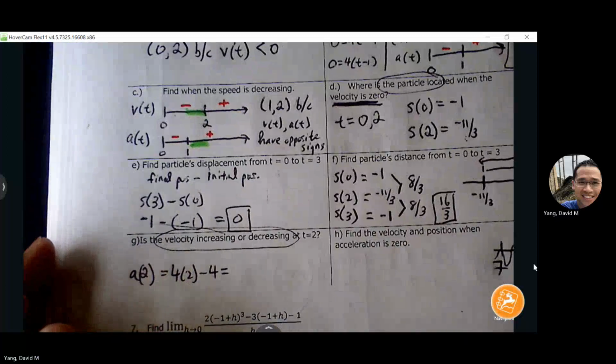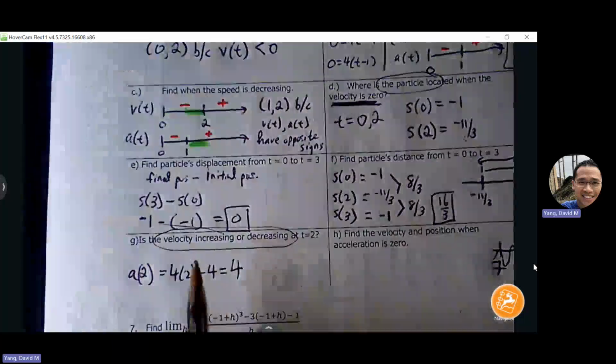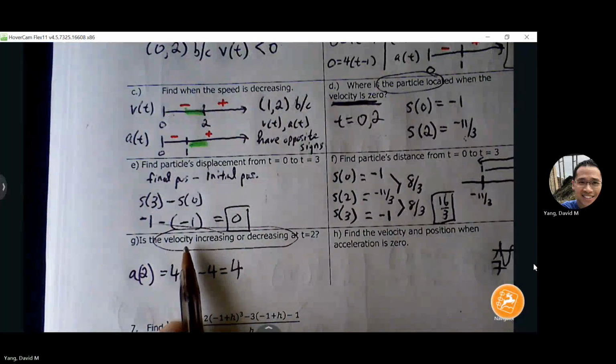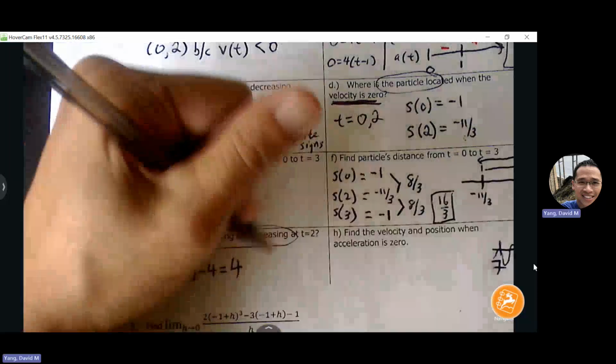My acceleration is equal to what? 4. What does that tell me? Velocity is increasing because acceleration is positive, yeah.